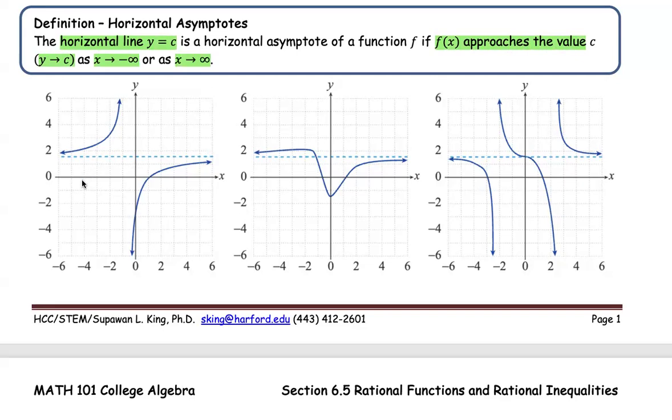The first end, when x approaches negative infinity, what is the behavior of the graph as y approaches 2? And on the other end, as x approaches positive infinity, what happens to the behavior of the function value? Left end, right end.